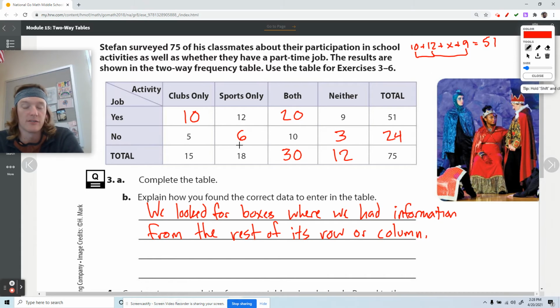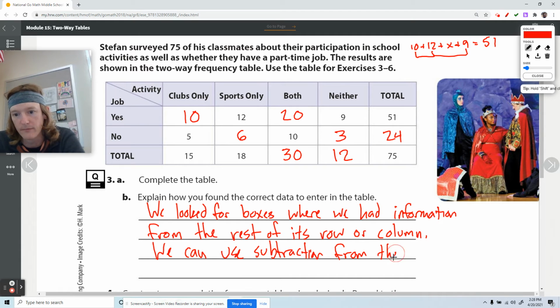Then we use subtraction to figure out what those missing boxes were. We can use subtraction from the totals to find missing numbers.